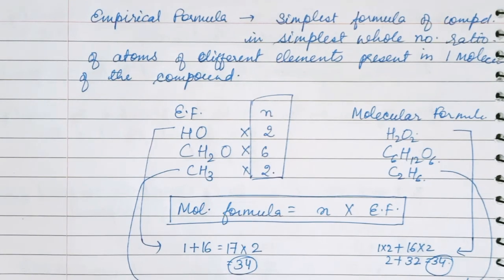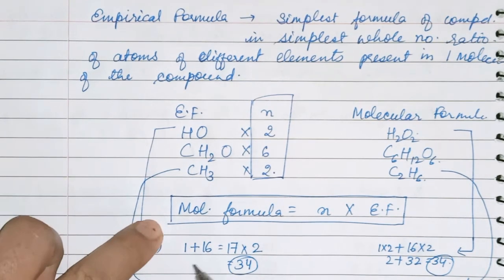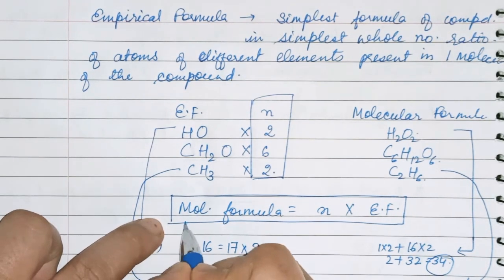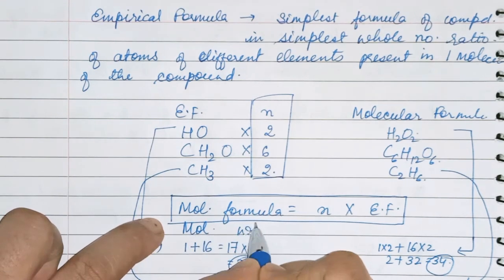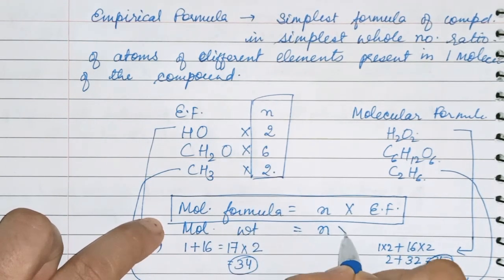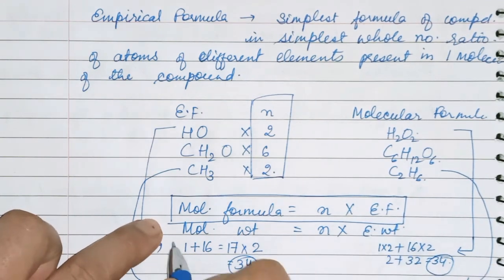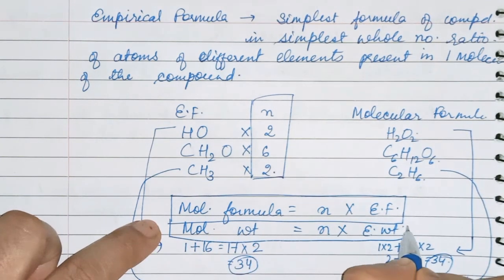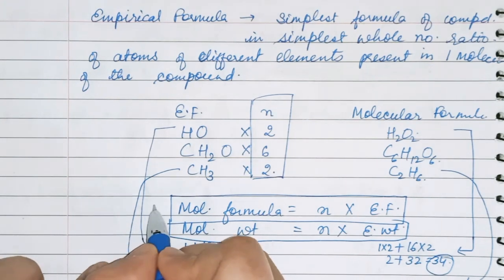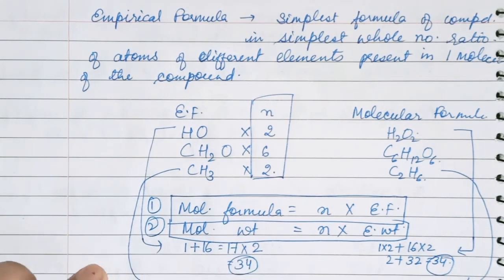Again both sides it is 30. So you can say that molecular weight is equal to N into empirical weight. These two formulas you can conclude from the equation, first and second.